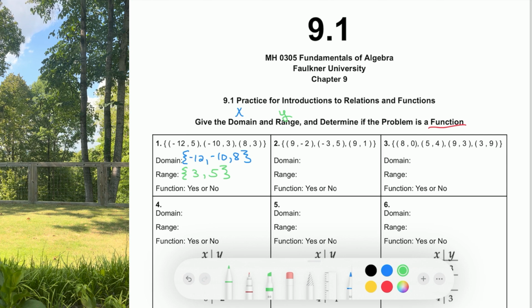So remember, the important part that we always look at is whether or not the x repeats, okay?